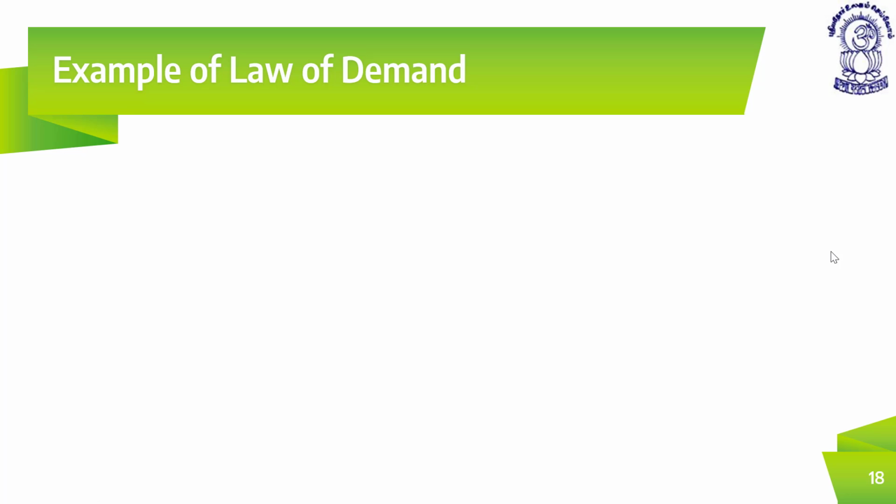Let's try and understand the law of demand with an example. Supposingly, price of X is 10 rupees, and at this price the quantity demanded for the product is 50 unit.